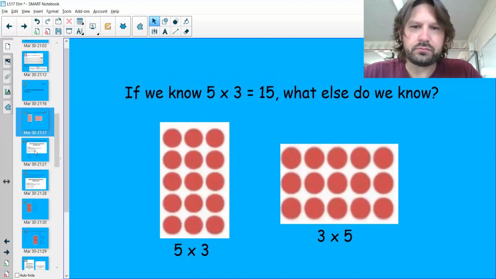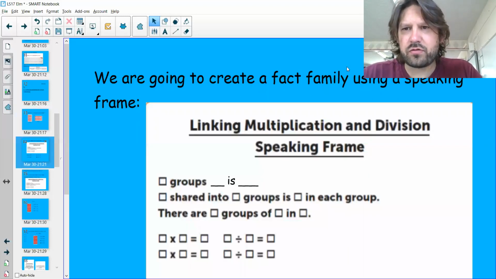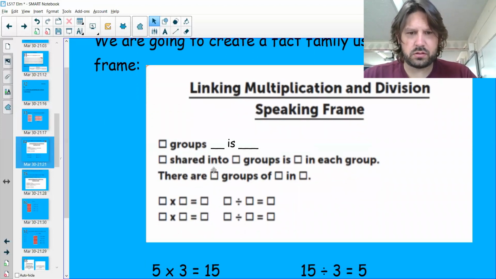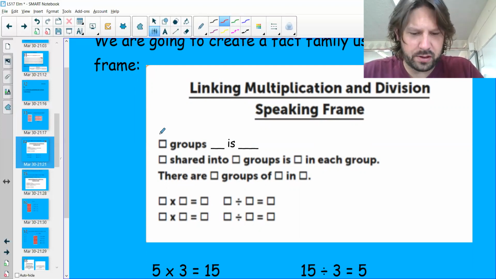With that in mind, we're going to create a fact family using the speaking frame. Sorry about the penmanship, I'm on a trackpad.